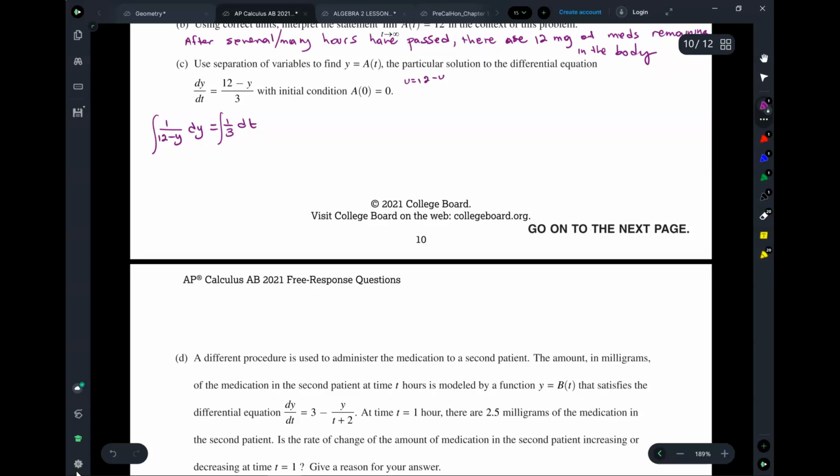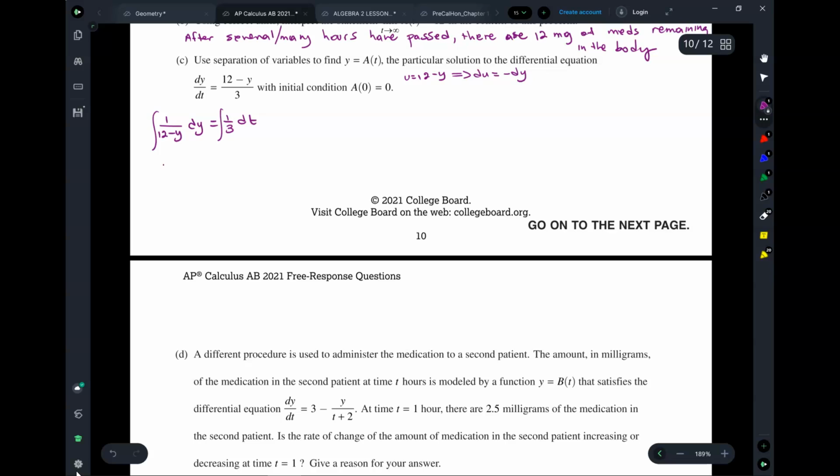u is 12 minus y. du is negative dy. Sorry, negative dy. Okay?